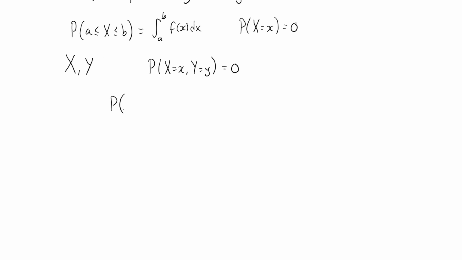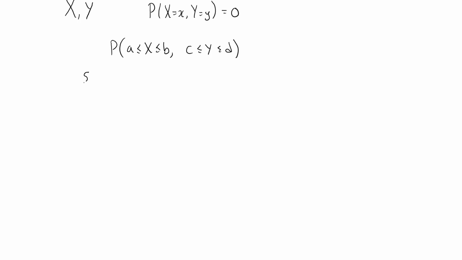So a probability such as X being between a and b and Y being between c and d, that is a probability that doesn't need to be 0. We can illustrate an event such as X being between a and b and Y being between c and d as a rectangle in a Cartesian coordinate system.